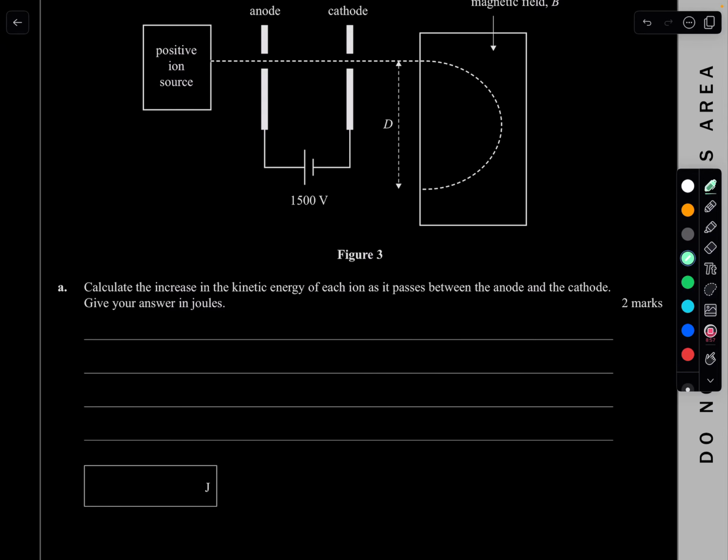Beautiful. So, to calculate the kinetic energy, what do we know? Looking at my formula sheet, we know that work is equal to your change in kinetic energy, which, in this case, is equal to QV. Basically, we're just trying to calculate it. Q is 1.6 times 10 to the negative 19, it said.